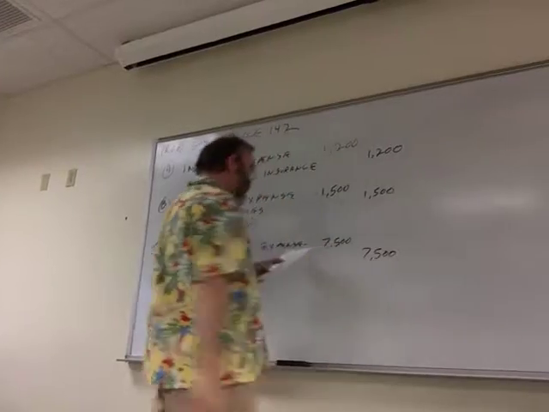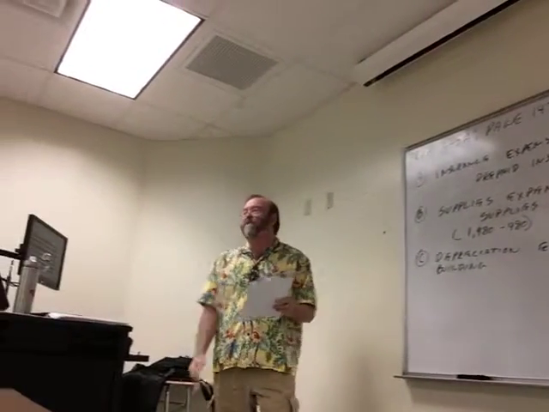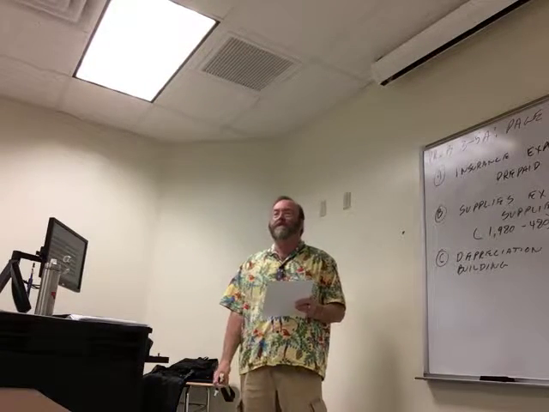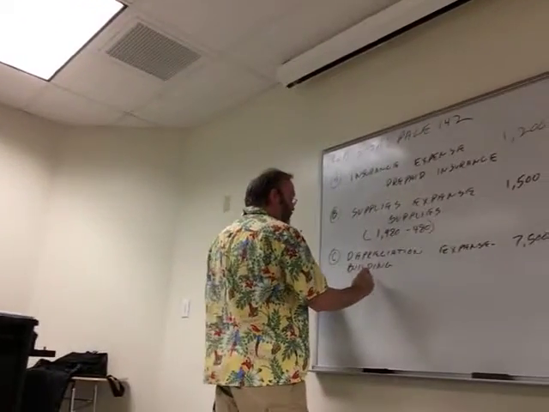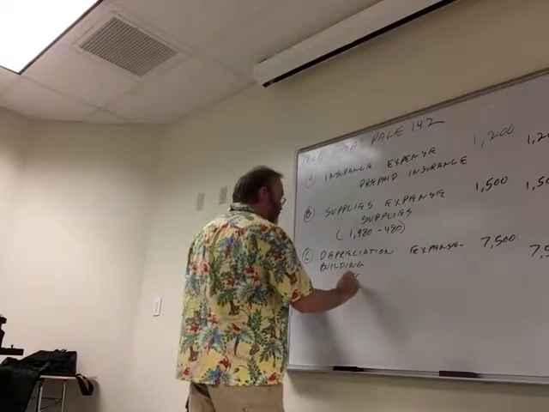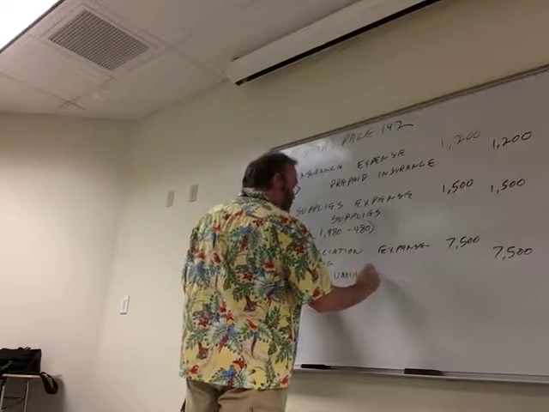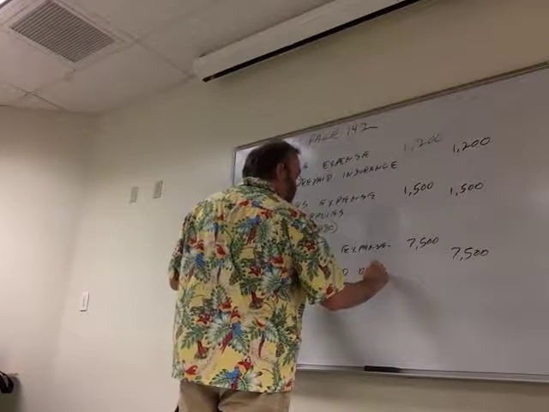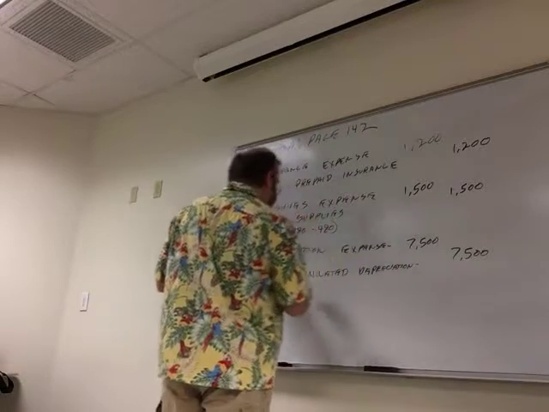That's the income statement account. Another type of deferred expense. We paid the cash when we built the building. The balance sheet account is that strange little contra asset. Accumulated depreciation for building.